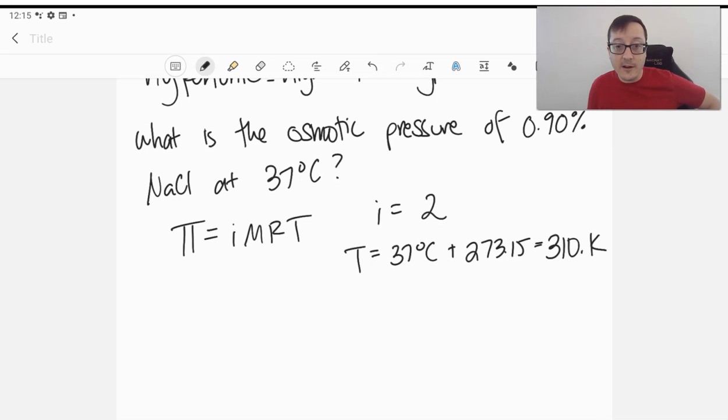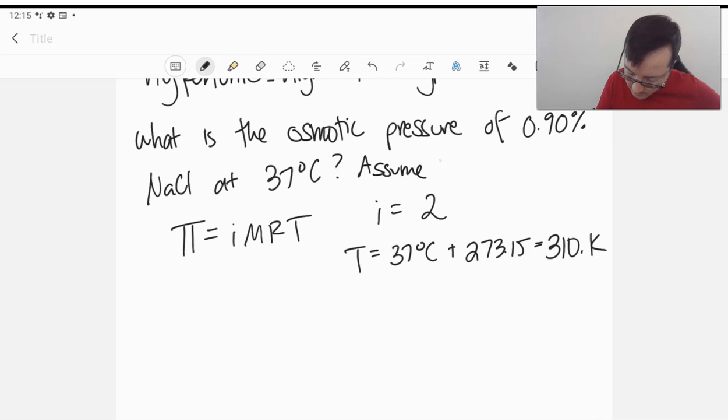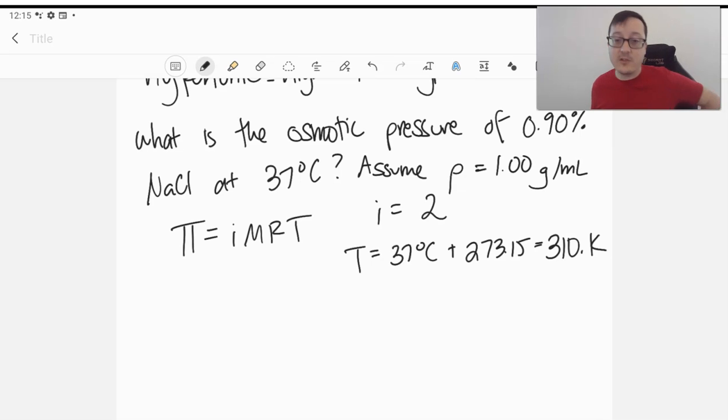If we want to find the molarity, this is a great time to review converting between solution concentrations. We're going to assume, I should probably have said this before, a density of 1.00 grams per mL. We're assuming our salt water has the same density as pure water, and that's pretty close, 0.9%, not very much, right?